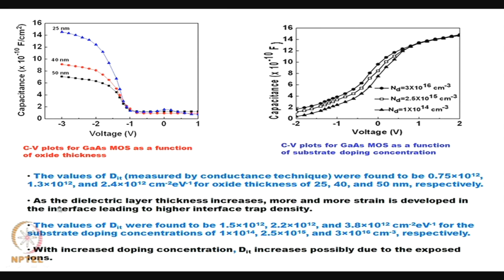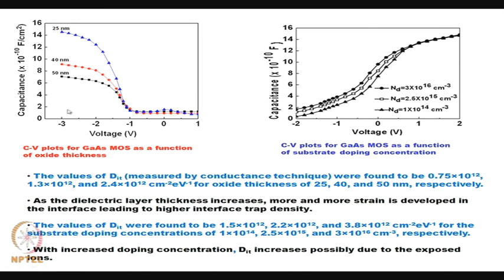And as the dielectric layer thickness increases, more and more strain is developed in the interface, leading to higher interface trap density. And these values of DIT are found to be 1.5 into 10 to the power 12, 2.2 into 10 to the power 12 and 3.8 into 10 to the power 12 for the substrate doping concentrations of 1 into 10 to the power 14, 2.5 into 10 to the power 15 and 3 into 10 to the power 16.